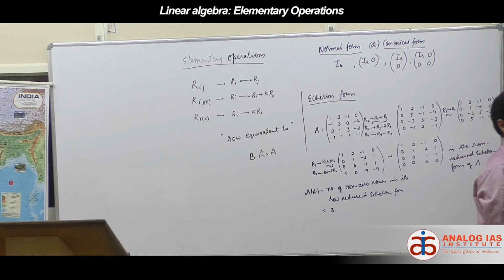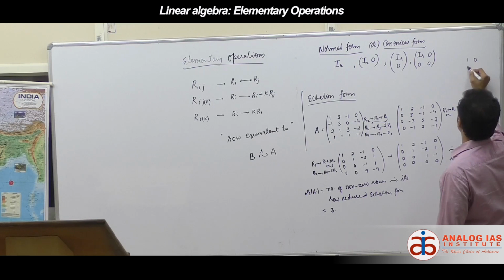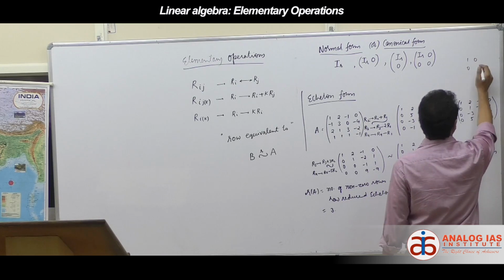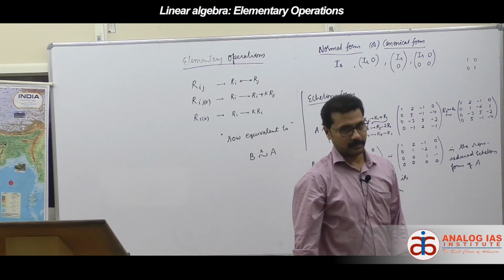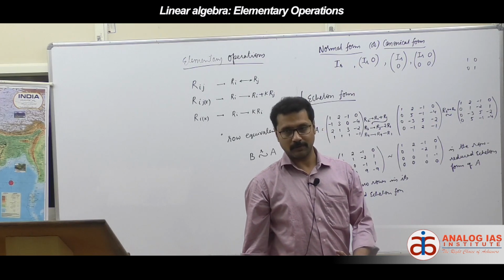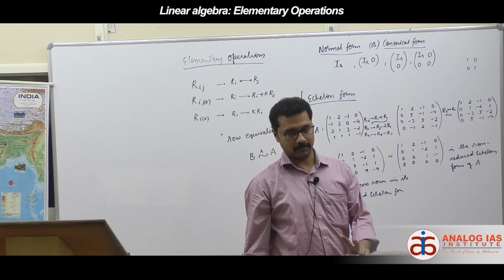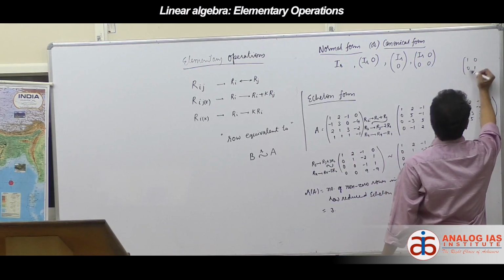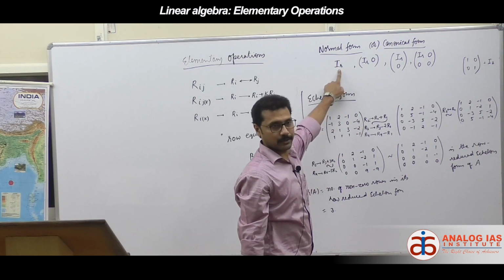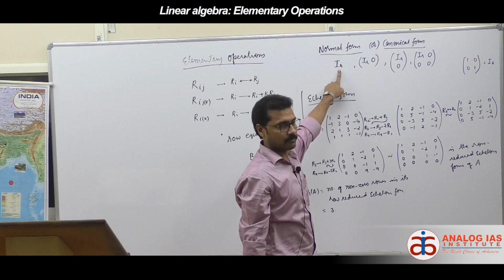Suppose I have a 2 by 2 square matrix A. After row reductions, it came out to be 1, 0, 0, 1. So the number of non-zero rows equals 2, therefore the rank of the matrix equals 2. This is one normal form. We call it I2, the identity matrix of order 2.